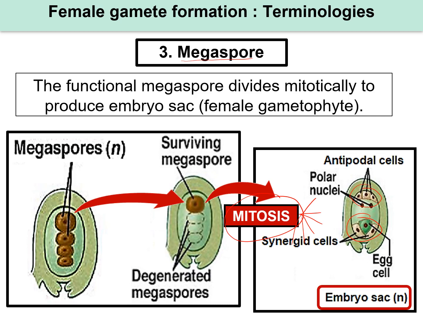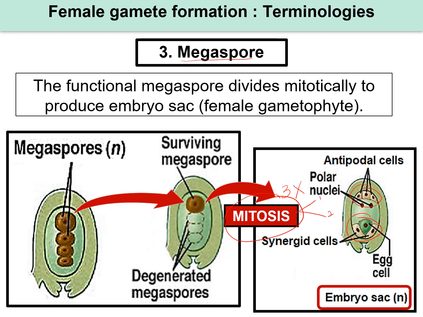So mitosis should produce 2 cells, isn't it? So each mitotic division should produce 2 daughter cells. To produce 8 nuclei or daughter cells, mitosis should happen thrice, 3 times.